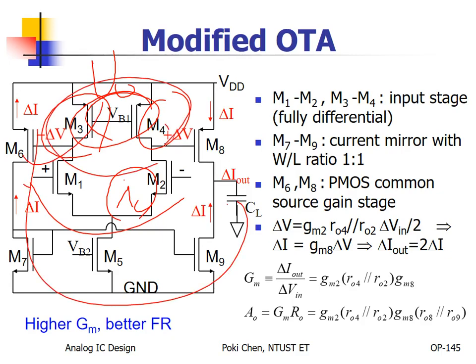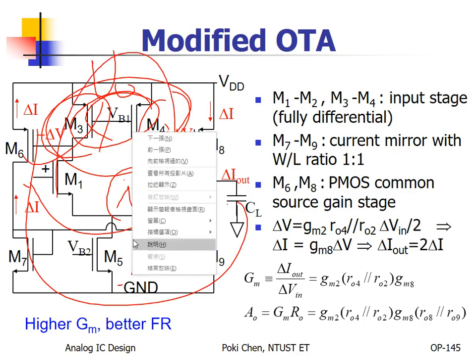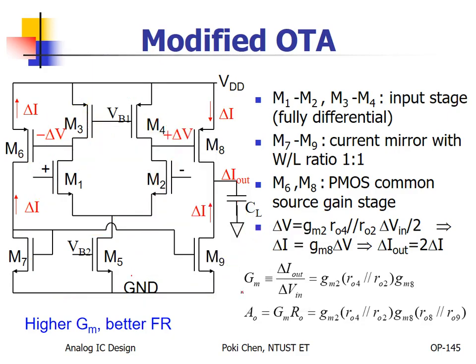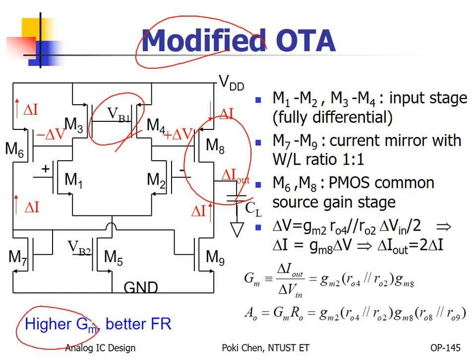So M3 and M4 help to enlarge the first stage output voltage gain, and at the same time enhance the output current for the final stage. That's it. With such a very small modification, you can get much higher gain and also better frequency response.